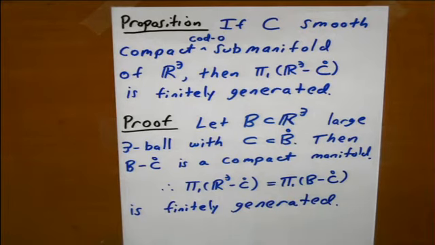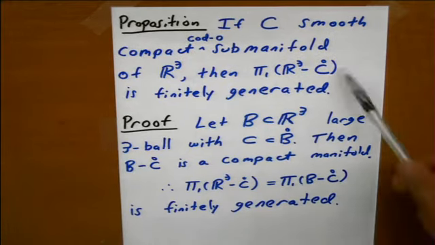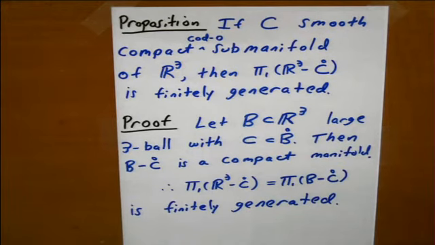So if you delete that submanifold, like C, then what's left is just a smooth compact manifold. So it has finitely generated fundamental group, but now you're just adding on the outside of the ball, which is like an S2 cross half-open interval. So that doesn't change the fundamental group.